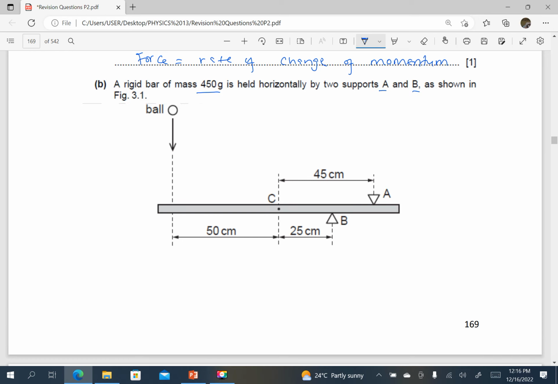Let's just do a few calculations here. A rigid bar of mass 450, its weight acts, let's assume, at its center here. So here there is a force, which is the mass, 0.45 times gravity, 9.81. That is the weight of the bar at the center, if that is the midpoint.